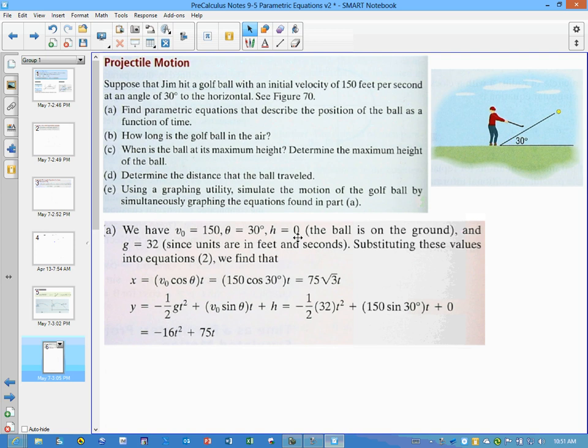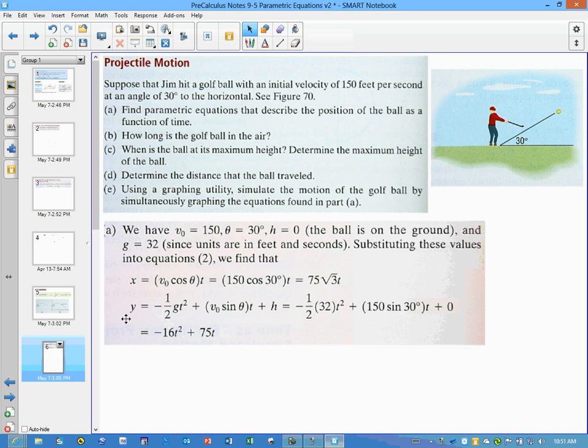The initial height is 0 because the ball starts on the ground. And gravity is 32 because we are working in feet. So substitute those values in, we get that x is 150 cosine of 30 degrees times t. And here we can simplify it because the cosine of 30 degrees is the square root of 3 over 2. So 150 divided by 2 is 75, so it's 75 times the square root of 3 times t.